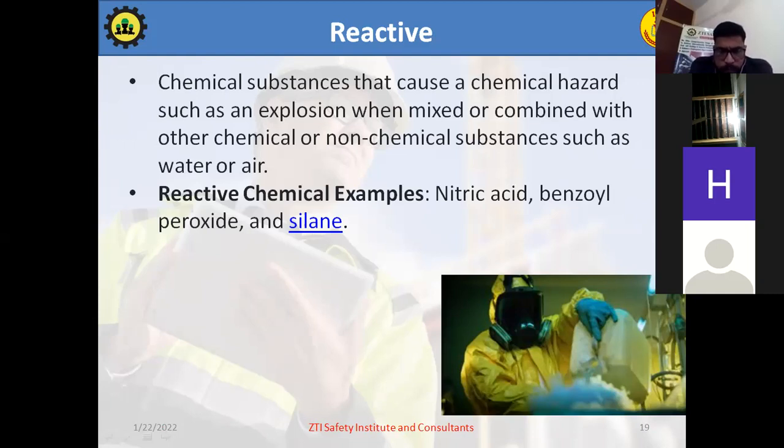These chemicals cause hazards such as explosion when mixed or combined with other chemicals or non-chemical substances such as water or air. Reactive chemicals are nitric acid, benzoyl peroxide, and silane. Mostly acids in their concentrated form are more likely to undergo these kinds of reactions when exposed to or mixed with water or air.